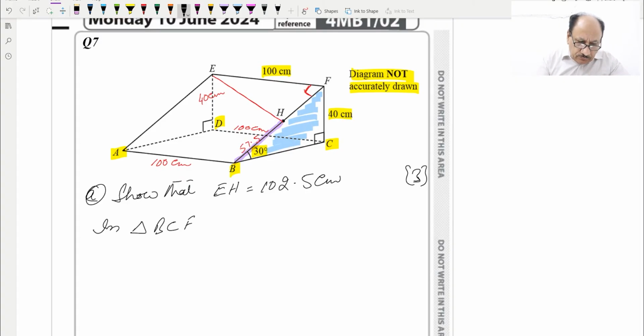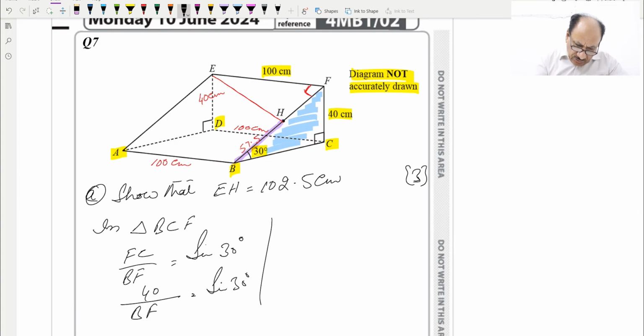Basically this triangle we are considering, and in this triangle BCF, sine of theta will be equal to FC over BF. FC over BF will be equal to sine of 30 degrees, and FC is 40, so 40 over BF is equal to sine of 30 degrees.